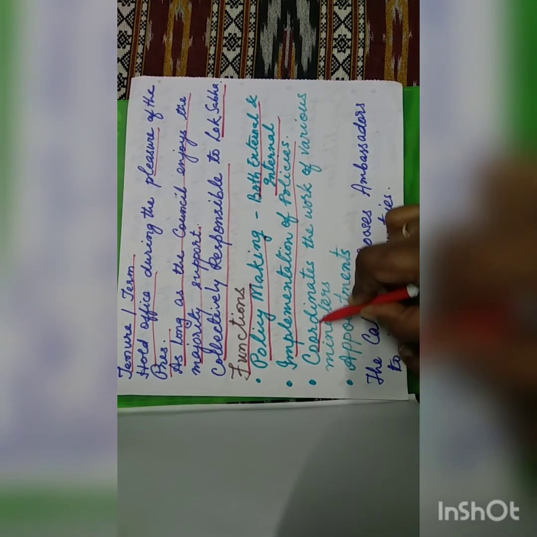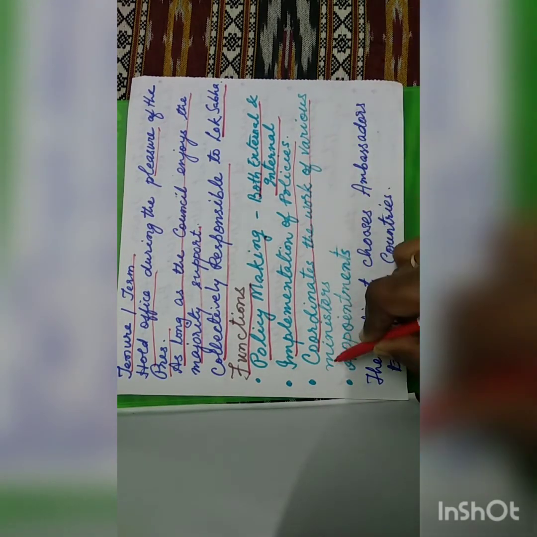They coordinate the various work of the ministers. All the ministers of the cabinet coordinate amongst themselves. It's not that the minister related to finance or the minister related to defense alone will look after his or her department, but other ministers are also to support him with majority.